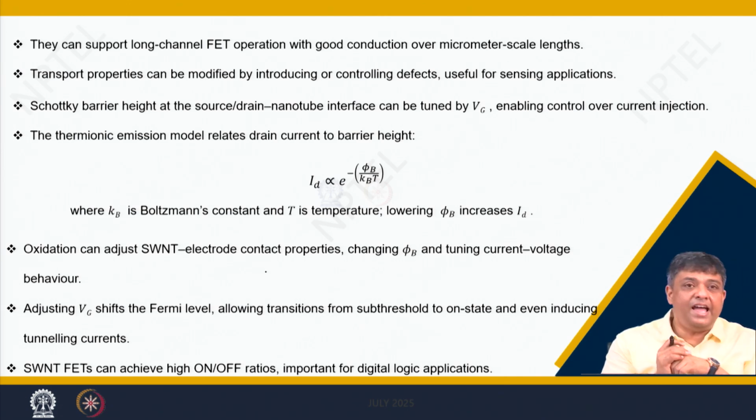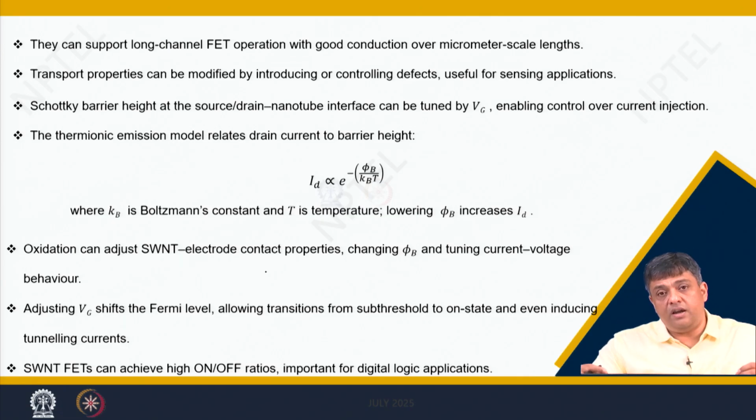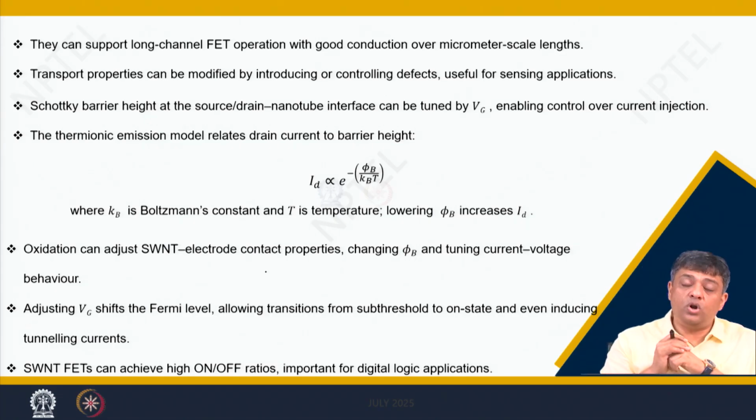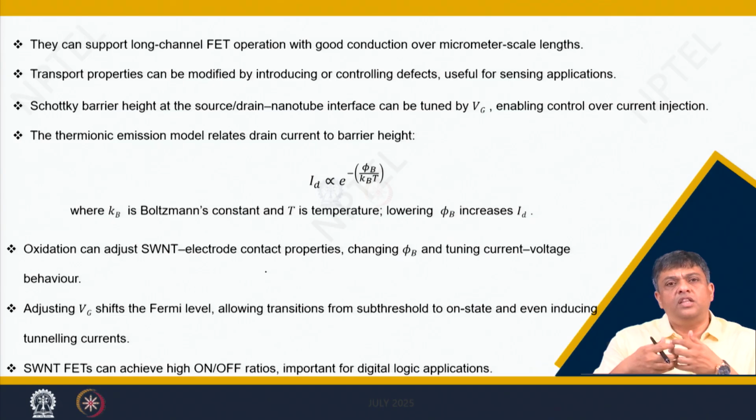You can immediately have long channel FET operation with good conductance over micrometer scale length. So, you can have long channel CNTs with good conductance over micrometer scale lengths. And the properties can clearly be controlled by controlling the defects of these CNTs.